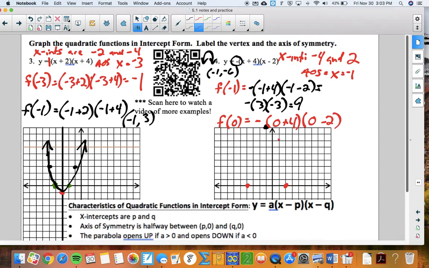So we get the opposite of, I'm bringing that negative or minus sign opposite down, 4 times -2, which is a +8. So when x is 0, y is 8, I'm going to do this in green. X is 0, y is 8. That's right there. Reflected about the axis of symmetry right there. So there is the parabola.